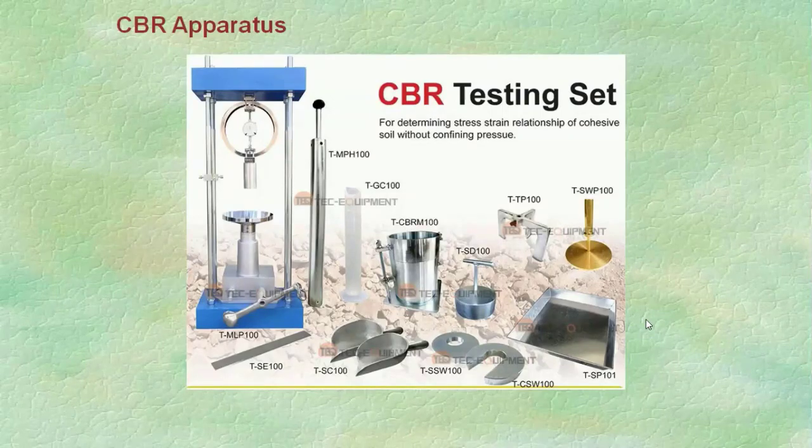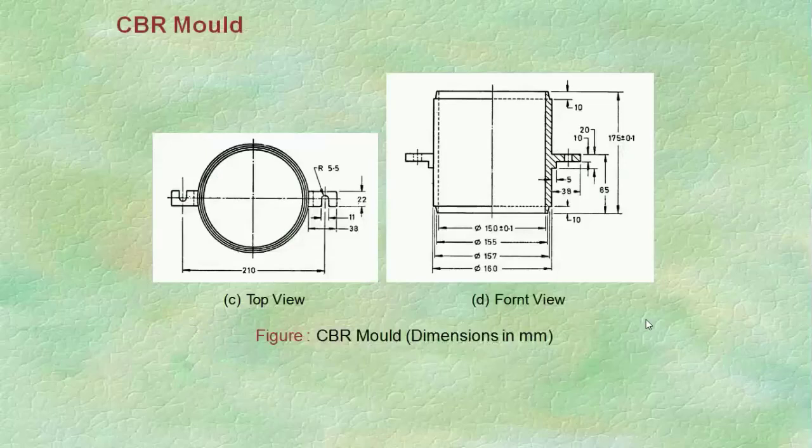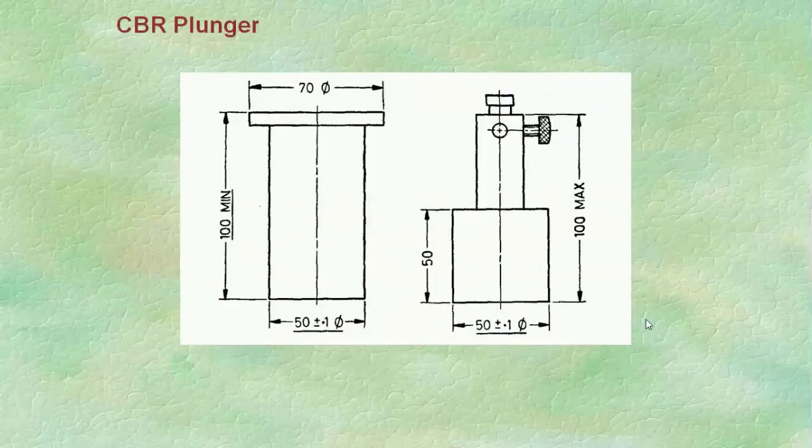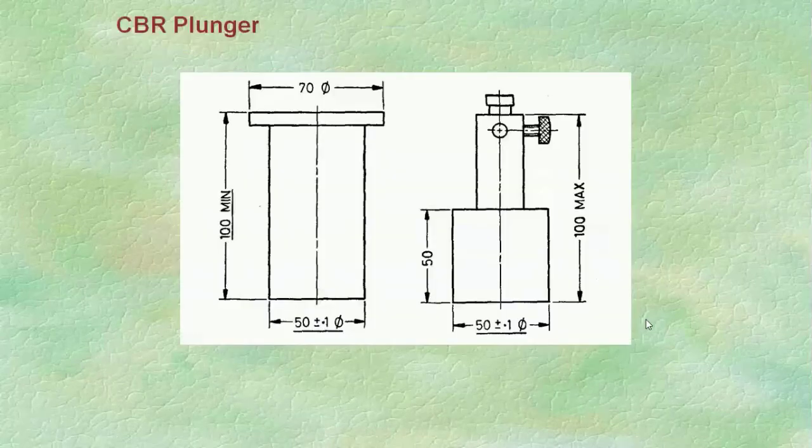So these are the apparatus. If we are talking about the apparatus, the basic principle in the CBR test is causing a cylindrical plunger of 50 mm diameter to penetrate into the specimen of soil or pavement component material at a rate of 1.25 mm per minute.